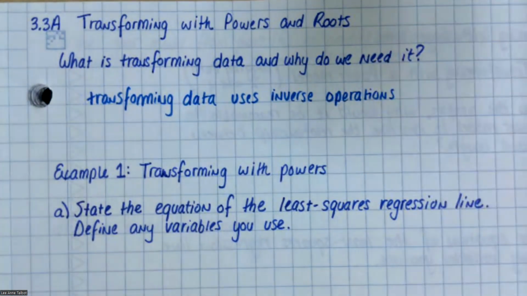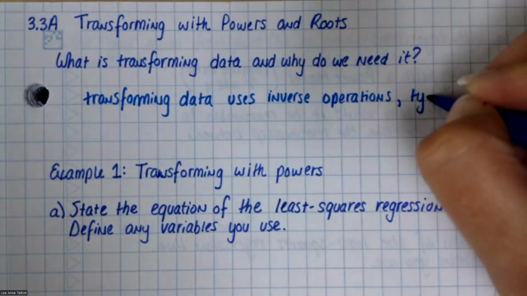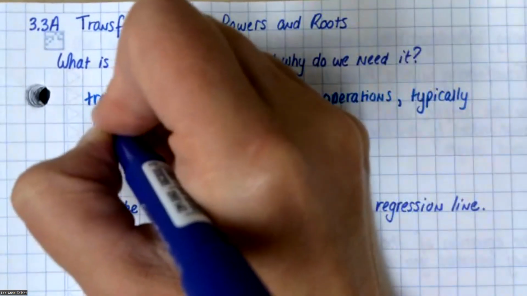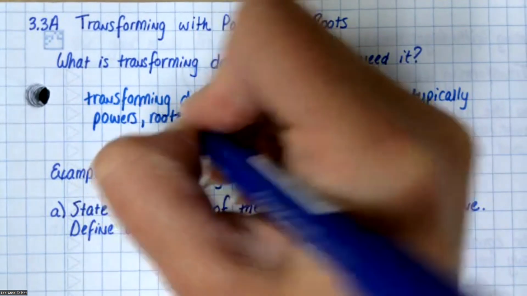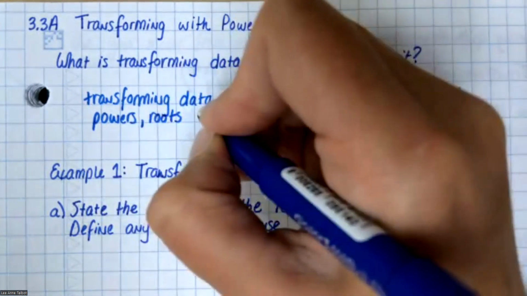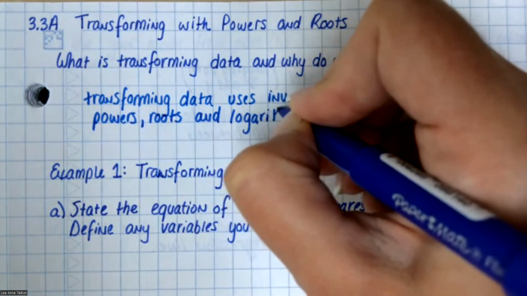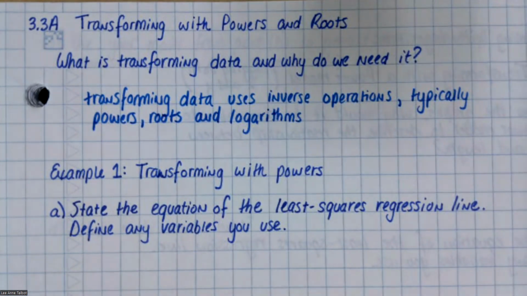So basically undoing things. Typically powers, roots, please listen, and logarithms. Today we're going to work with the powers and roots, and Monday's going to be logarithms, just so you know.